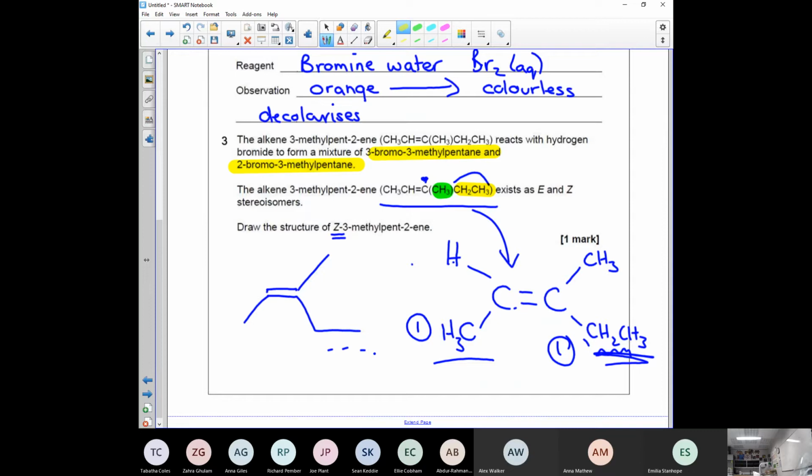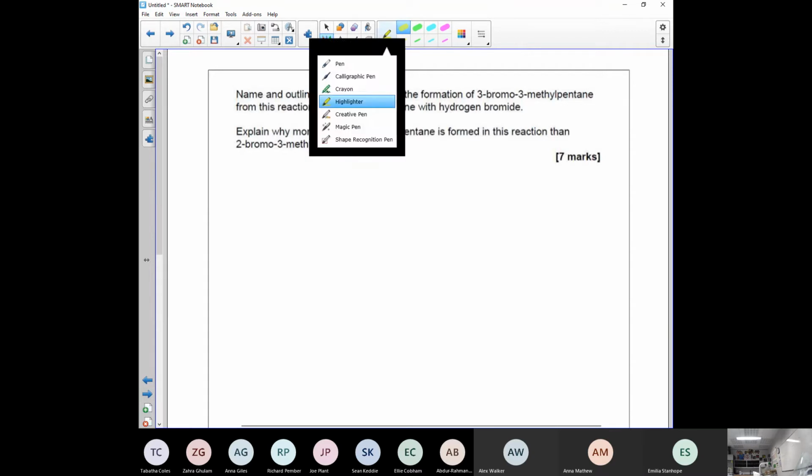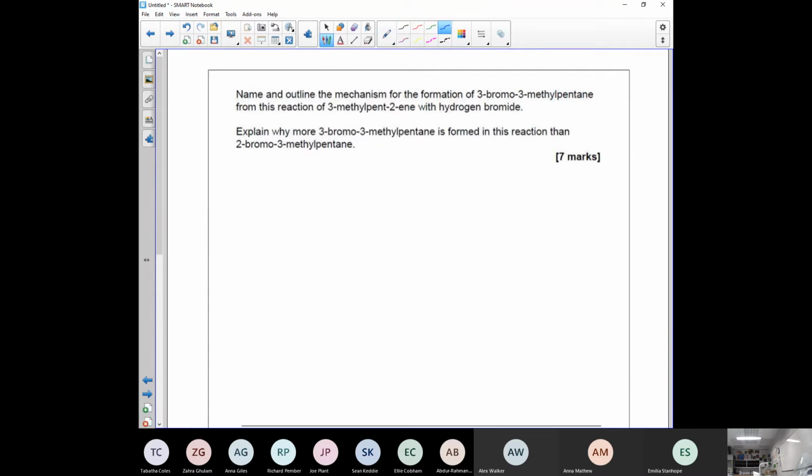Because I see that we're going from an alkene to a halogenoalkane, I'm thinking there's going to be a mechanism in here. Yeah, there is. So, name and outline the mechanism for the formation of 3-bromo-3-methylpentane. Again, if you haven't got a clue what 3-bromo-3-methylpentane looks like, just draw it out.